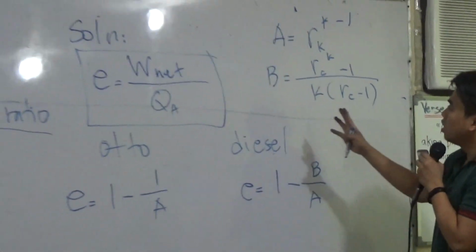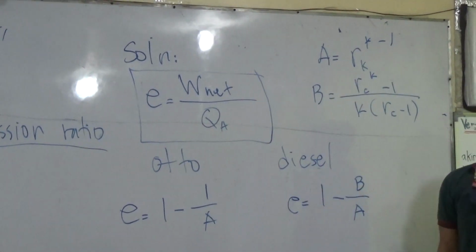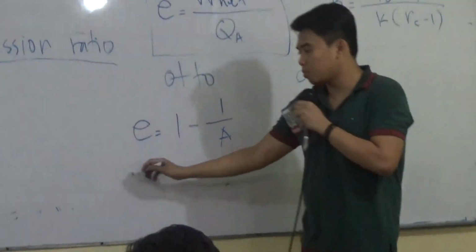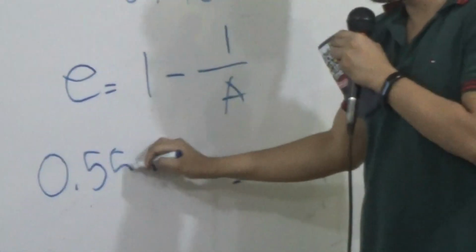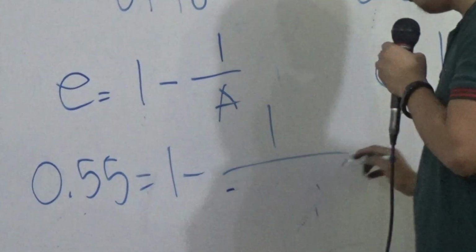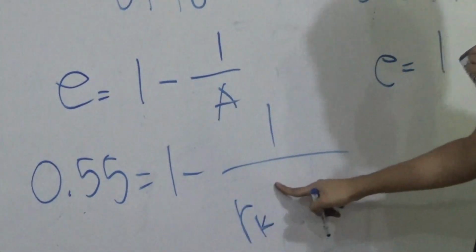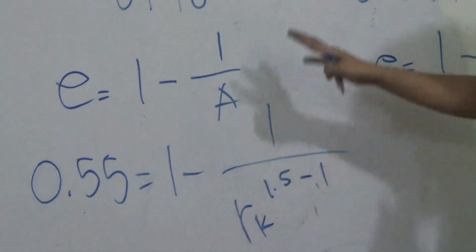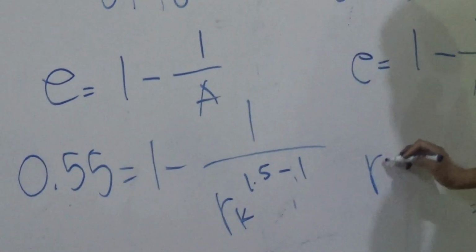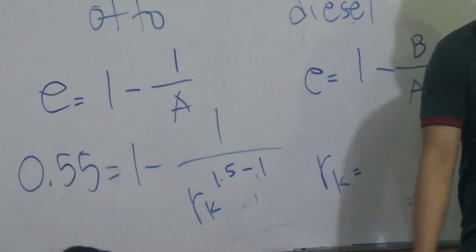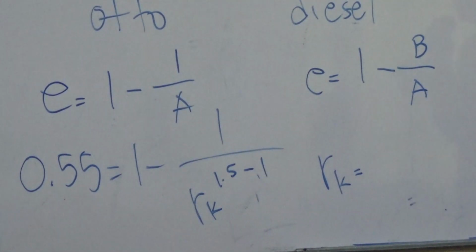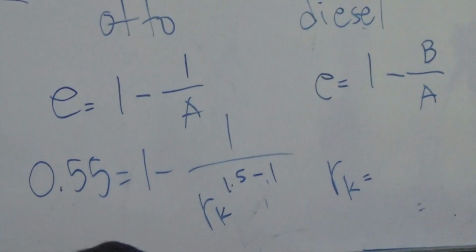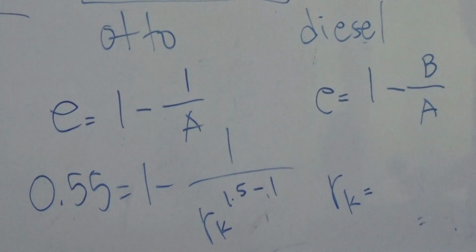Ngayon, sir, yun na yung formula, direct sub na. Kasi may given na efficiency. This is 0.55. Okay? 1 minus 1 over, what is A? RK. K is given 1.5 minus 1. Okay? We have one unknown, one equation. Shift solve, compression ratio. So, easy item for those na nag-practice at kabisado yung formula.